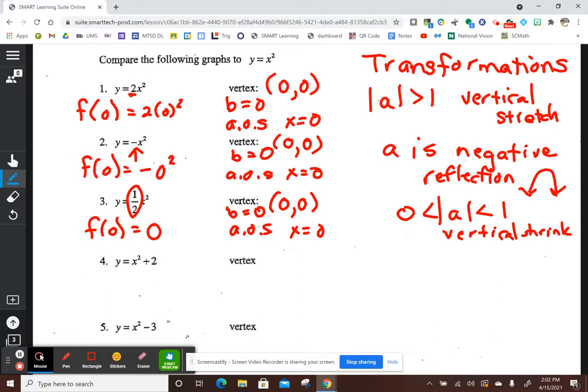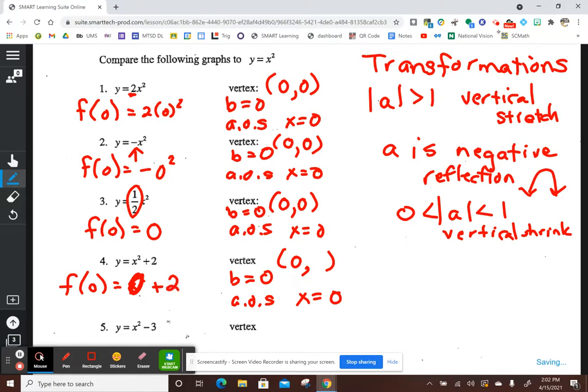Okay, for number 4, this is going to be the first time our vertex is not going to be 0, 0. Although the axis of symmetry is x equals 0. So the x value of our vertex is 0. When we plug in f of 0, we get 0 plus 2. So now we have a vertex of 0, 2, which means instead of starting here, we're going to start here.